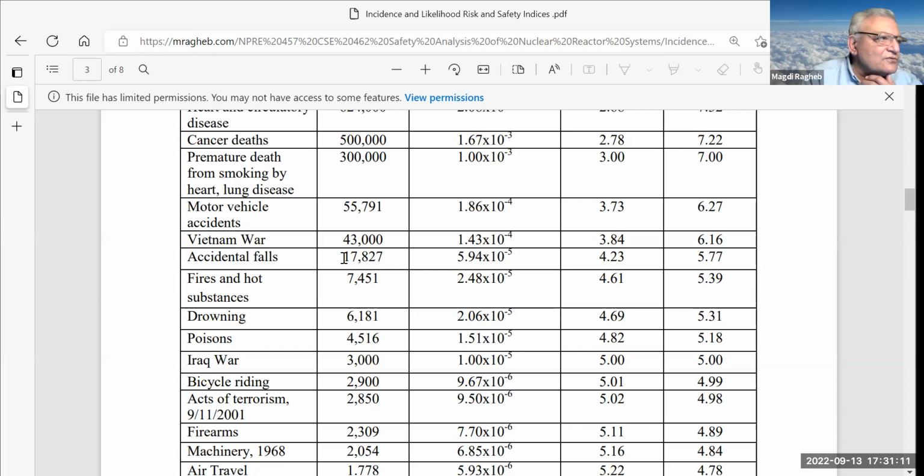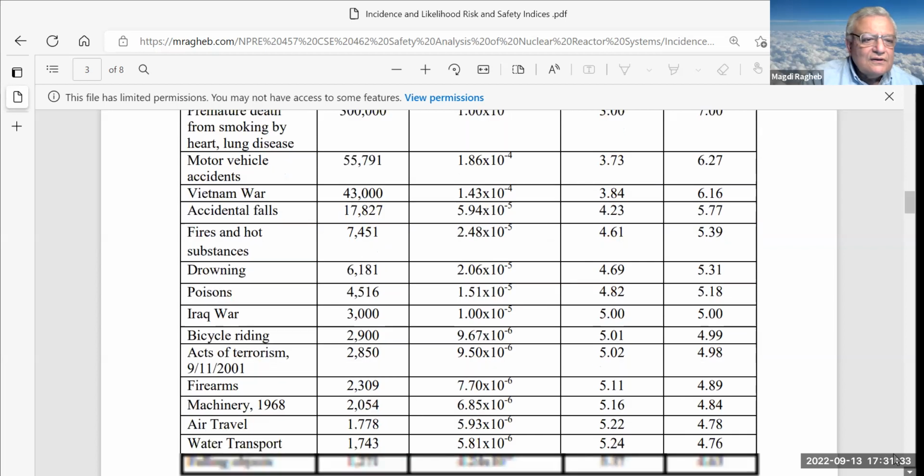Accidental falls, people shoveling snow on the roof of their buildings, or maybe even elderly people falling while in a bathtub. So that's a dangerous activity there. Fires and hot substance, 7,000. Drowning, 6,000. Poisons, 5,500. The Iraq War caused the deaths of 3,000 troops.